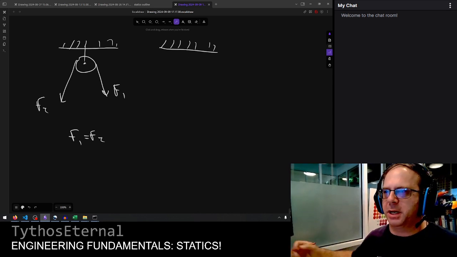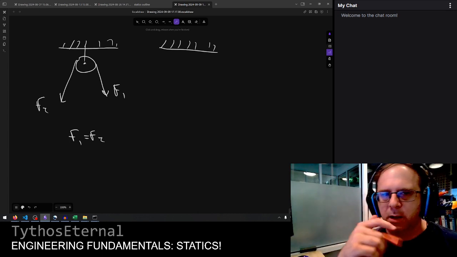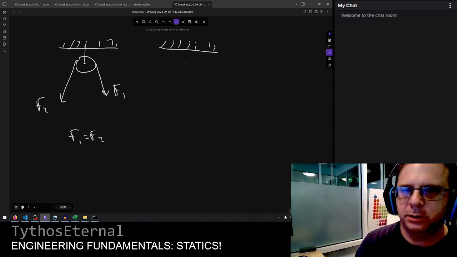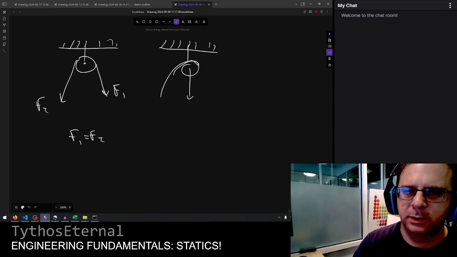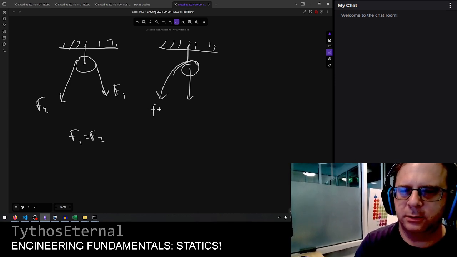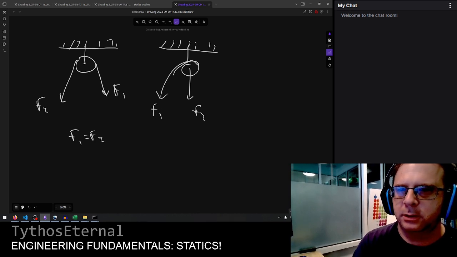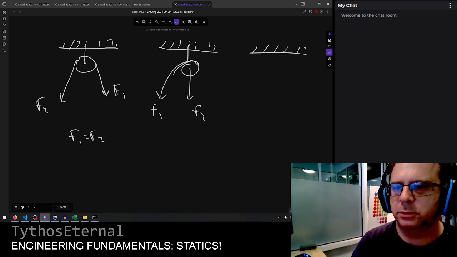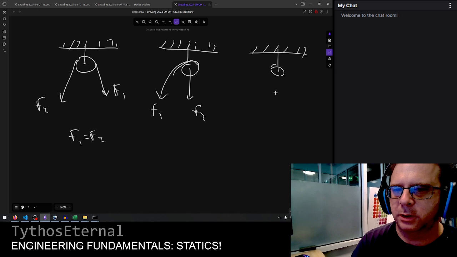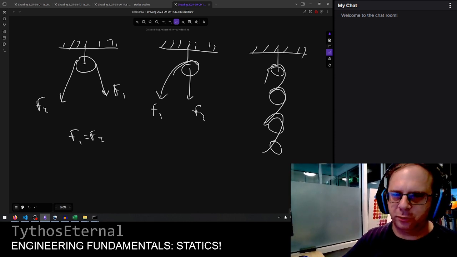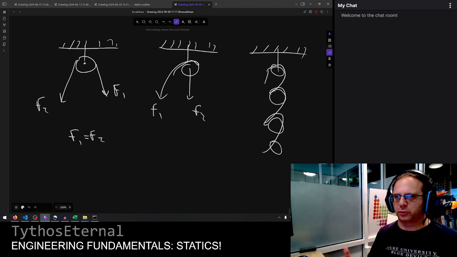You can combine pulleys. You can couple pulleys in systems. There are ways to play these elements in the way they transform forces off of each other.